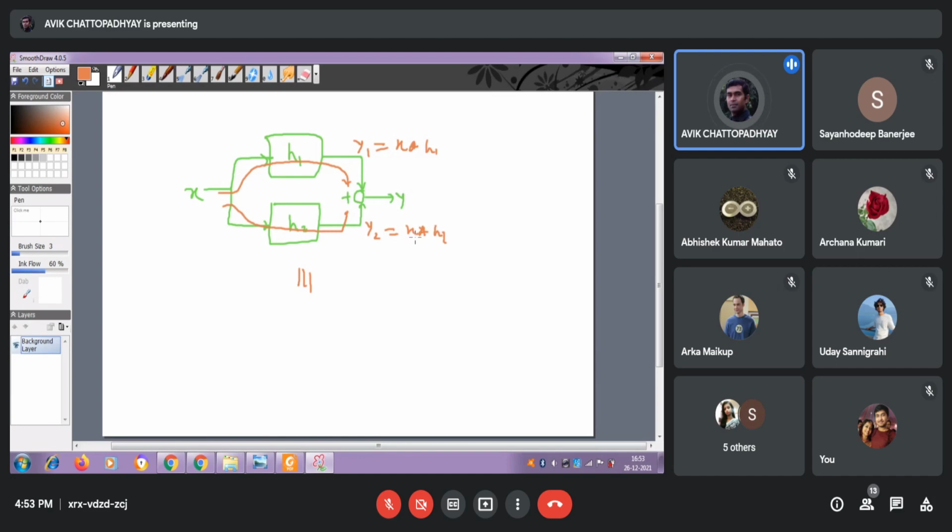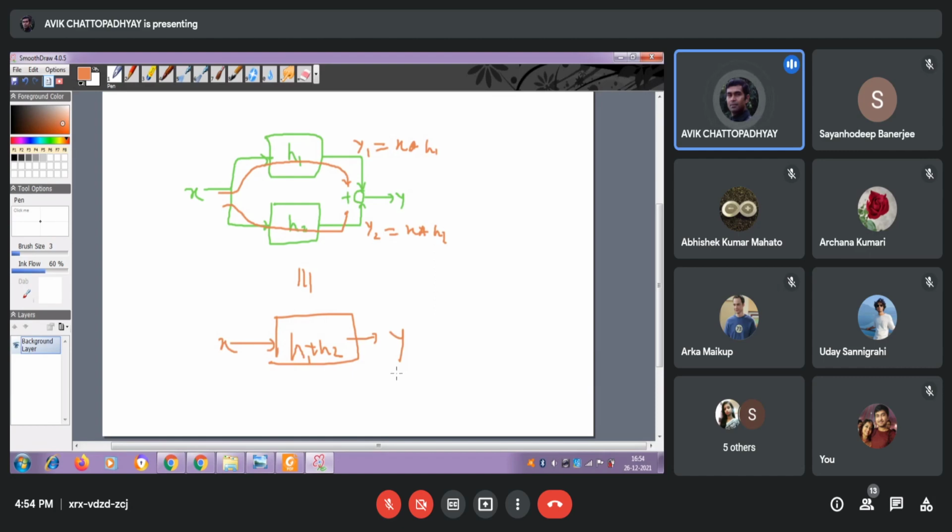From the distributive property, this is analogous to having one system, instead of two systems in parallel, whose impulse response is H1 plus H2. You just add the impulse responses, apply X, and directly get Y.